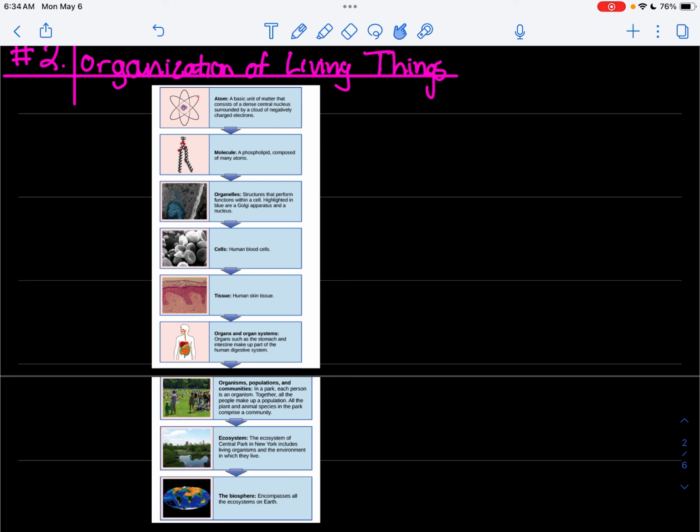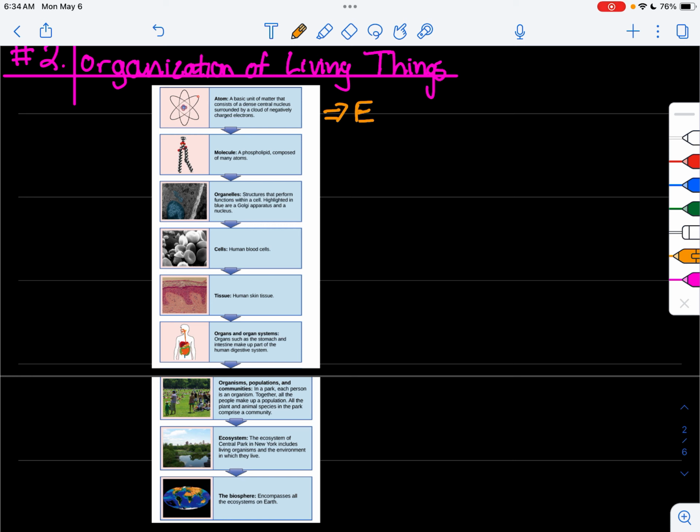Atoms exist in things that are not living. Atoms exist in anything. They exist in matter, and matter is anything that has mass. So atoms exist in everything. Super important. Our next chapter is about chemistry, so we will talk about that.